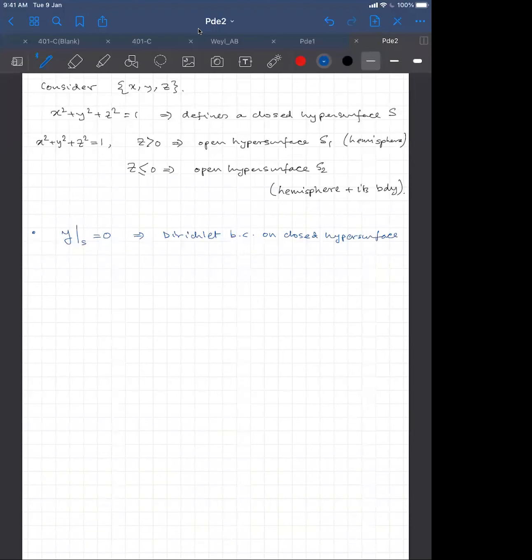Okay. So given this particular boundary condition, we see that all tangential derivatives, here just these two, that is del y del theta and del y del phi, must actually vanish, okay?